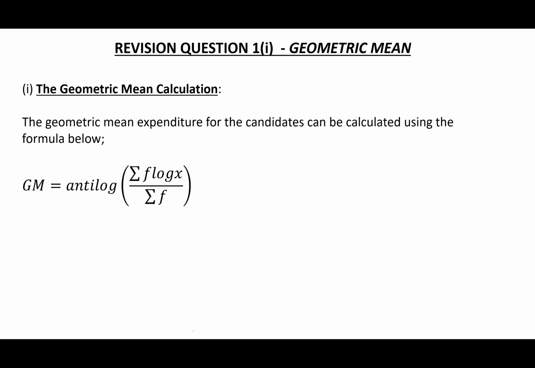The geometric mean of grouped data is given by this formula: antilog of summation f log x over summation f. Antilog of whatever is in the brackets here.